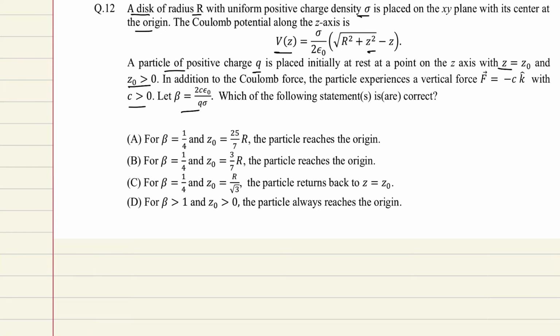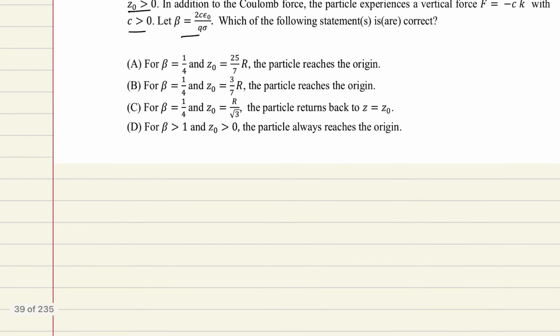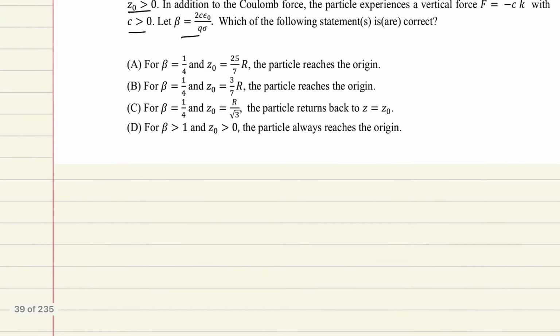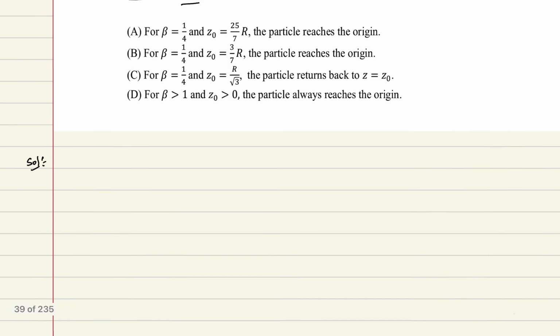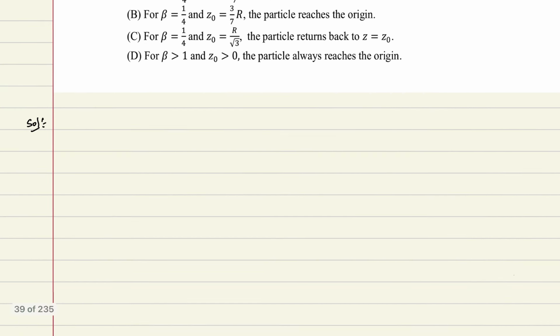Options are given. Now we are going to discuss this. They are asking whether the particle reaches the origin with this beta and z naught, or whether it returns back. Now we will see that.